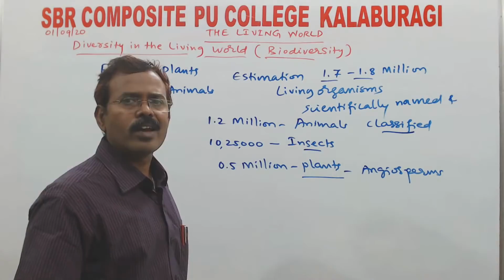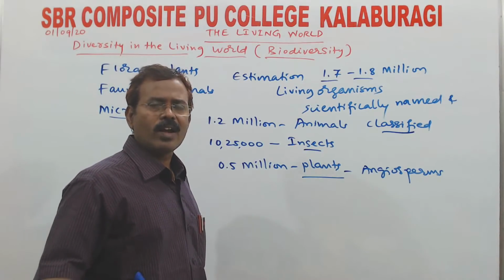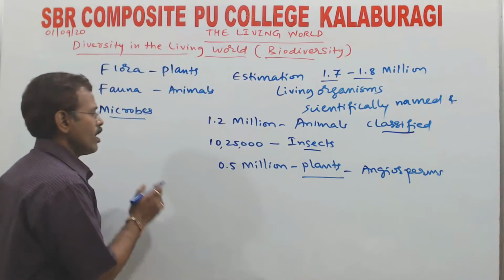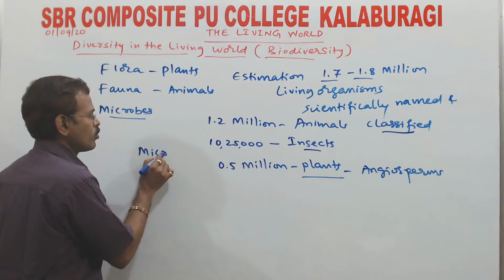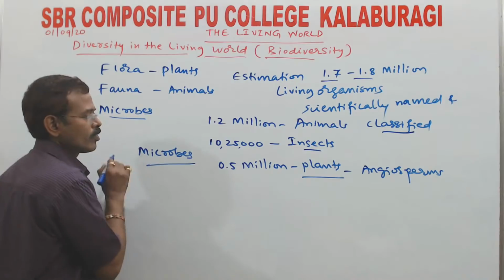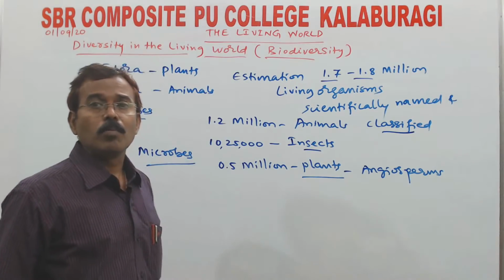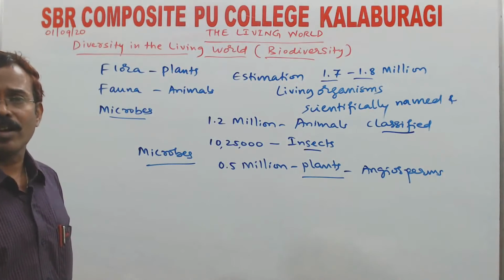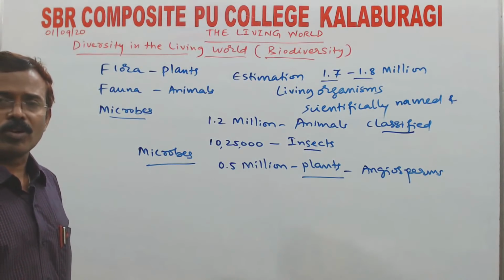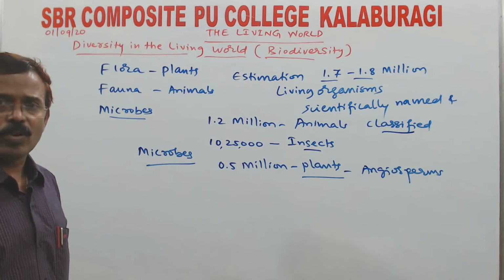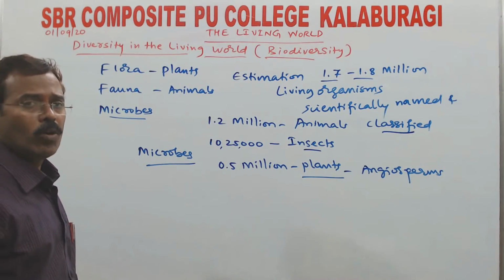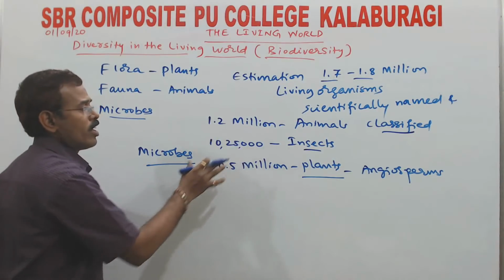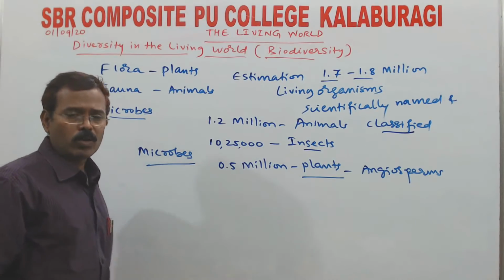Multicellular algae, green, brown, red algae, are usually confined to aquatic habitat. In addition to that, a large number of microbes, or microscopic organisms, are there, which are observed under a microscope, not by the naked eye. So we have a large number of plants and animals as well as microorganisms.